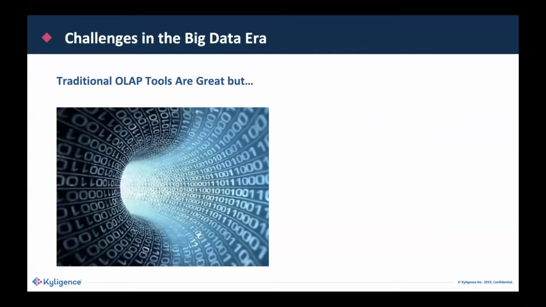Yes, OLAP is a data analysis solution that has been around for many years and has proven very useful. But with the advent of the era of big data, it encountered many new challenges. Traditional OLAP works well on small data sets, but when dealing with a huge amount of data, its performance dropped sharply.